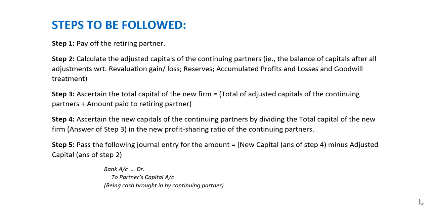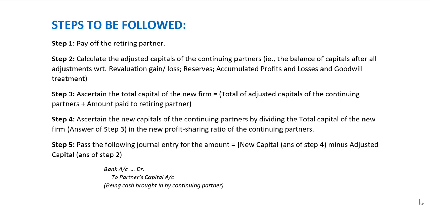So we close the retiring partner's capital account by paying him off in cash. Step 2 is to calculate the adjusted capitals of the continuing partners. That is the balance of their capitals after all adjustments with respect to revaluation gain or loss, reserves, accumulated profits and losses, and also goodwill treatment.